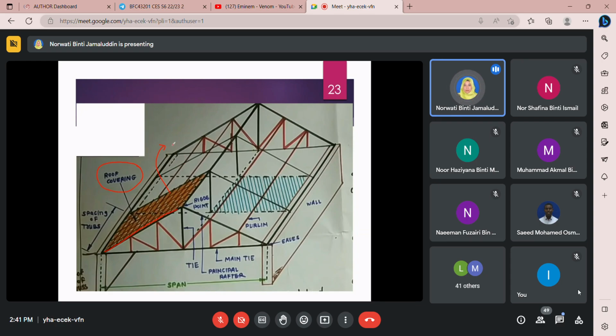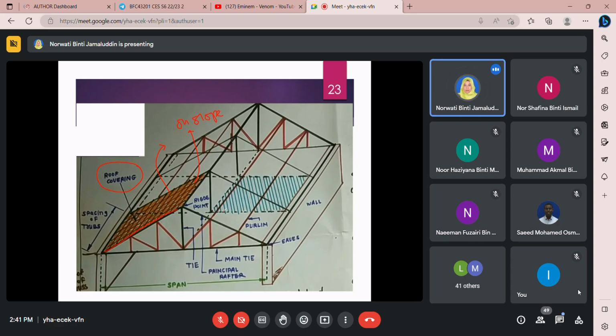Cement asbestos, okay? Normally we use concrete tiles or steel decking. Steel decking will be arranged like this, which means the loads are on slope.